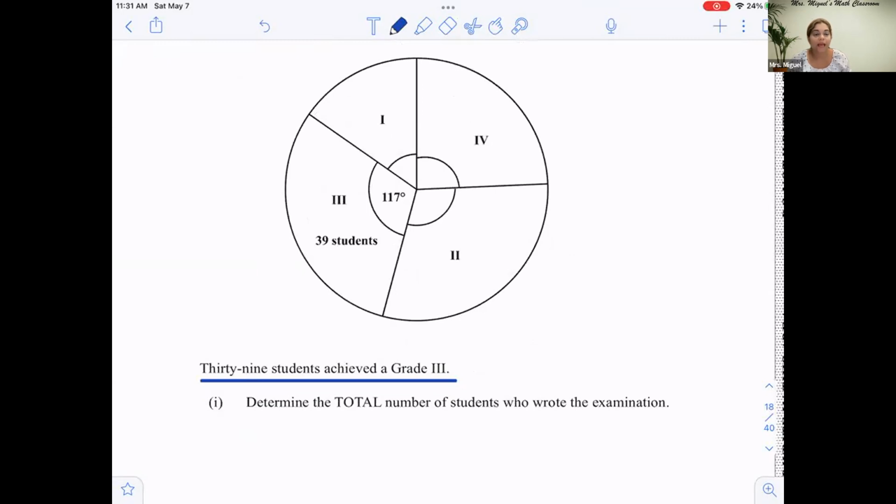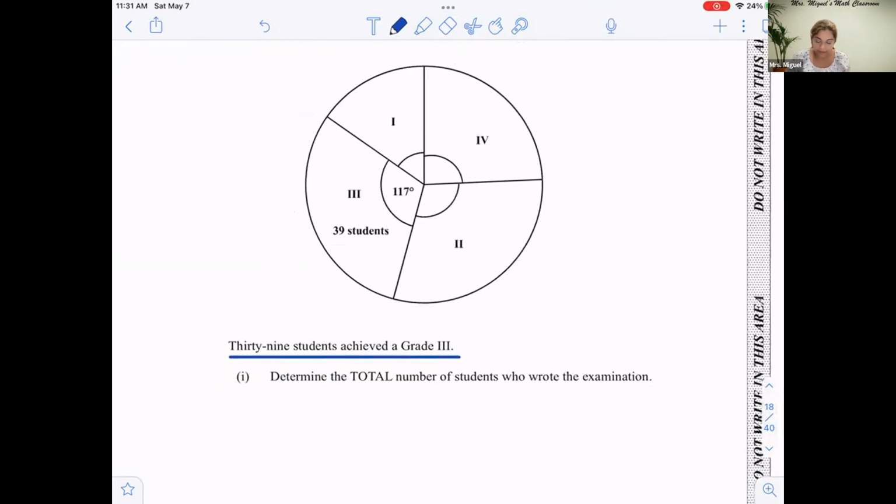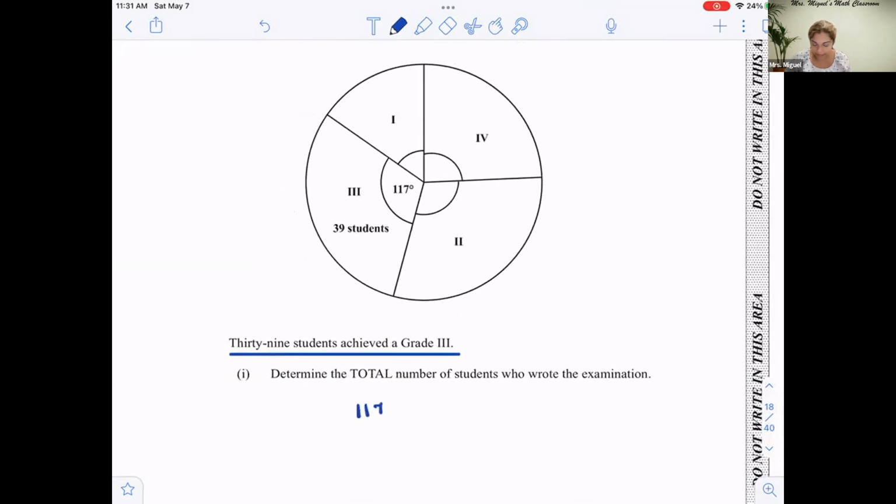Now, we have to use the data given in the question. The data tells us that 117 degrees represents 39 students. A circle has 360 degrees.